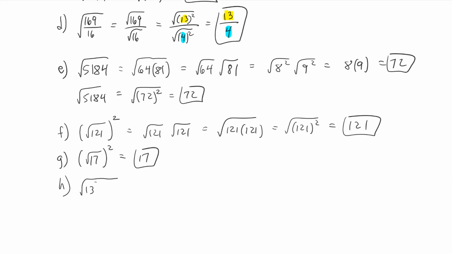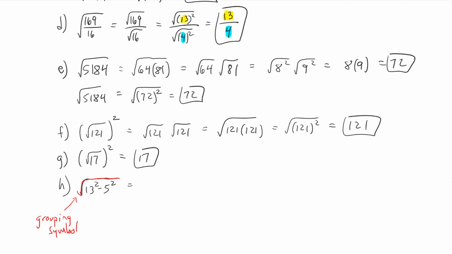So while we're on the topic of not being in a hurry, let's look at this one. The square root sign is a grouping symbol. This thing right here, this is a grouping symbol. And that means we have to do everything under the grouping symbol first for the order of operations.